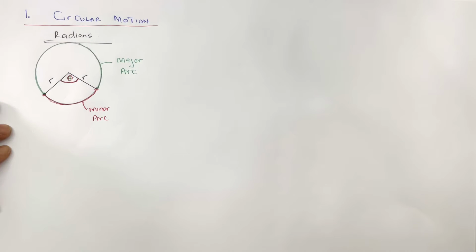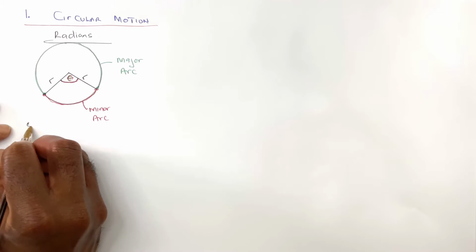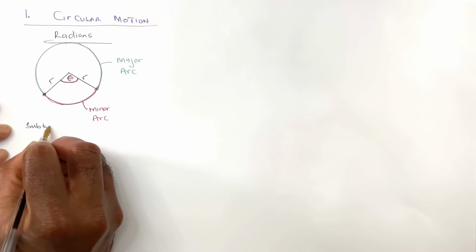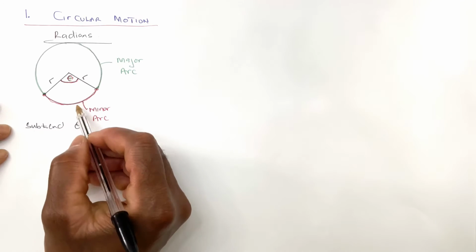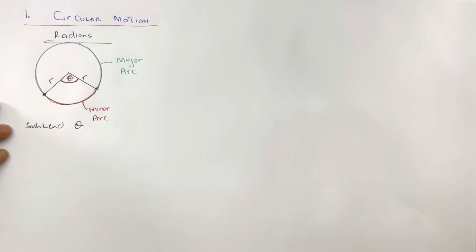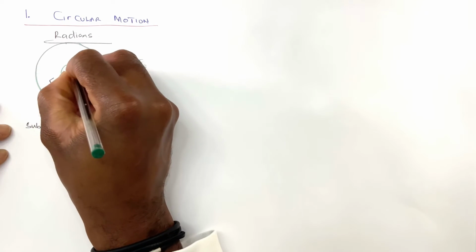So just to say that the minor arc will subtend angle theta, but the major arc will subtend an angle alpha.